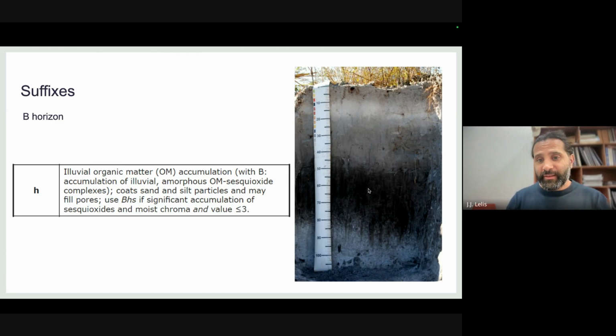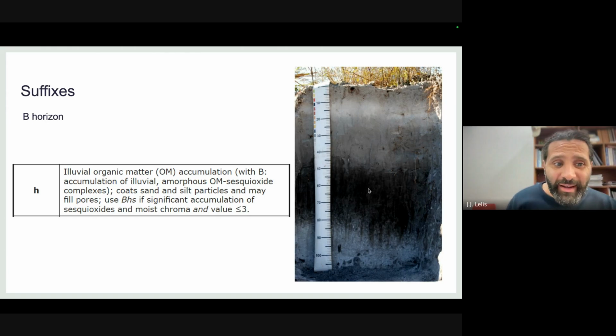So I can see that the sand and the silt particles are covered by clay, but now the coating is not clay, it's organic matter. Okay, so I can see some organic matter coatings around the gravels and especially the coarse sand and the silt particles.